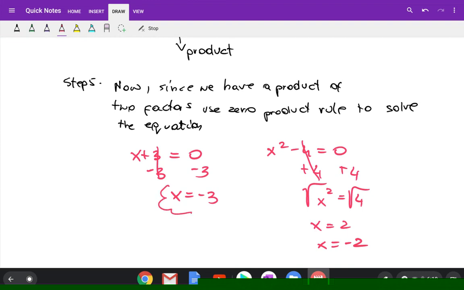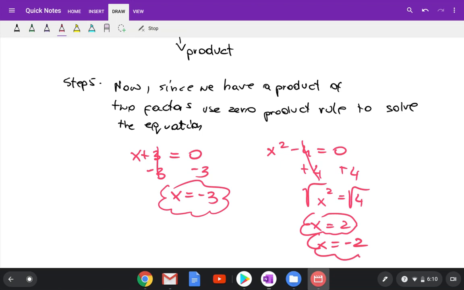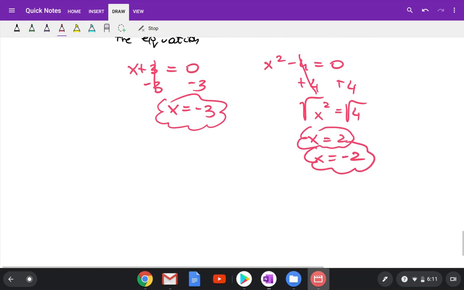Don't forget that when you take the square root, you're always getting a positive and negative solution. So we have 3 solutions. Let's write down the final answer. The solution set is, and you're just going to list all of them, negative 3, negative 2, and 2.